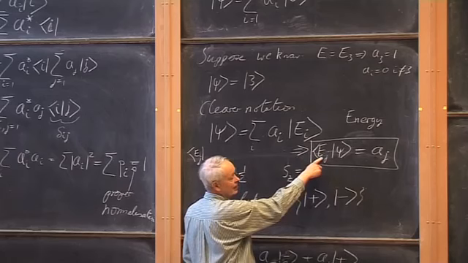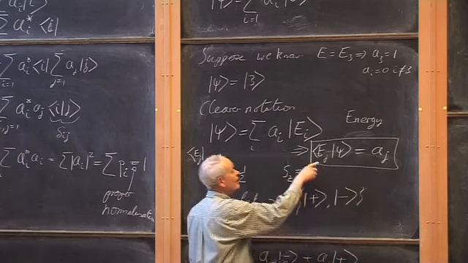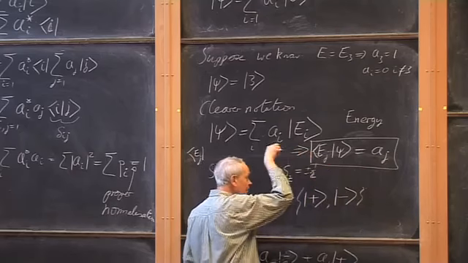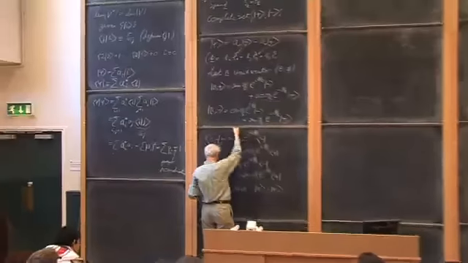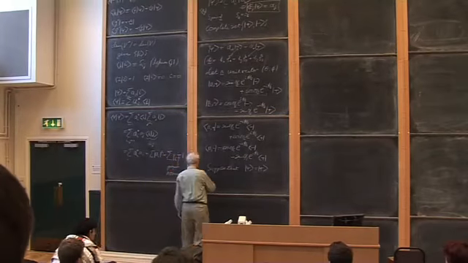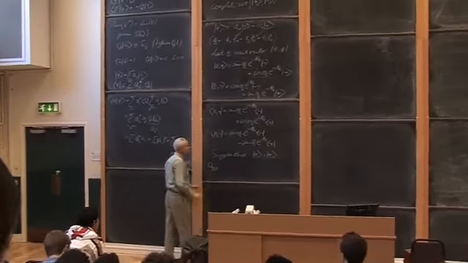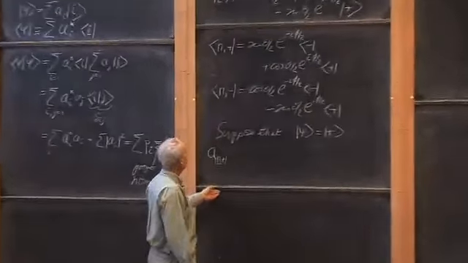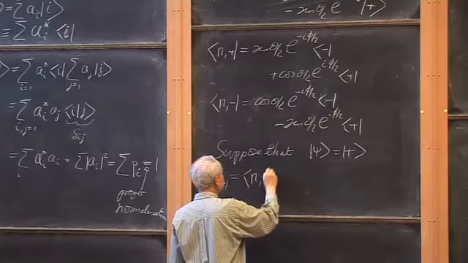In this case, Ej. So the amplitude to find that the energy is Ej is just Ej bra into the state of our system. So when I come back to this problem here, I want to know the amplitude to measure plus on n. So what I need to do is to calculate this by that principle.